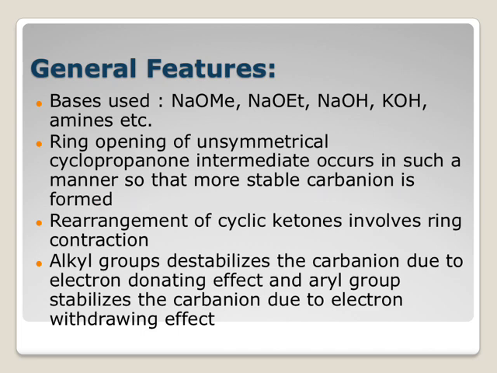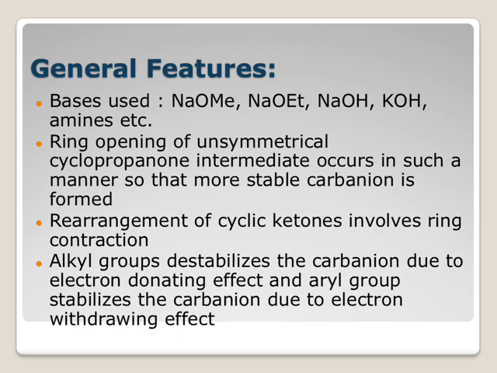Next, we can have cyclic ketones also as the starting material. If we have cyclic ketones, then they rearrange in such a manner that there is ring contraction, that is, a decrease in the size of the ring. Another important factor is if we have alkyl groups.